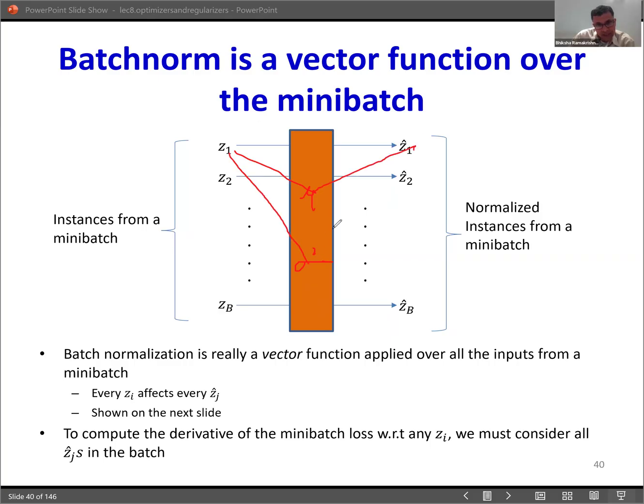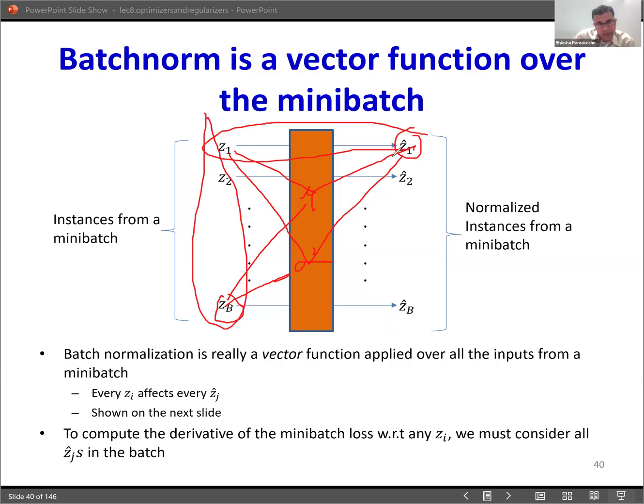Every z influences the sigma, and the sigma influences every z hat. Because of that, changing zB would change z1 hat, so you can't just be computing the derivatives individually. You have to consider the derivatives of the entire batch as a function of the entire batch. Is that clear?